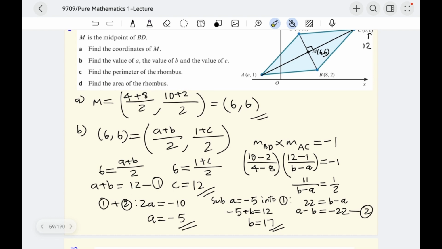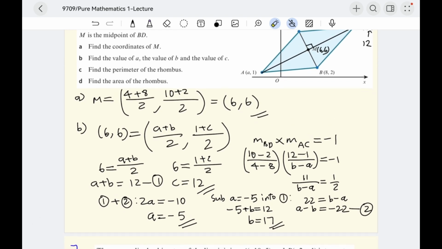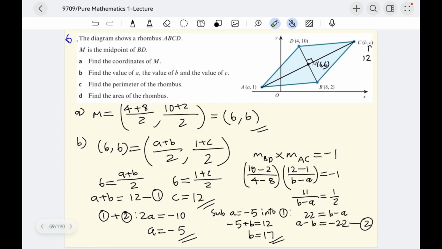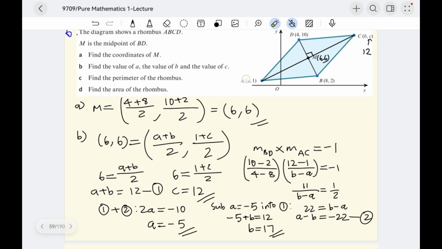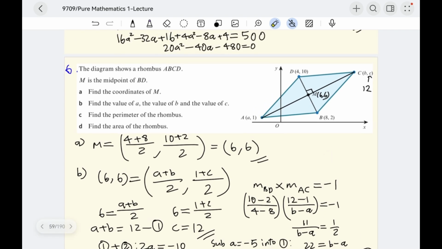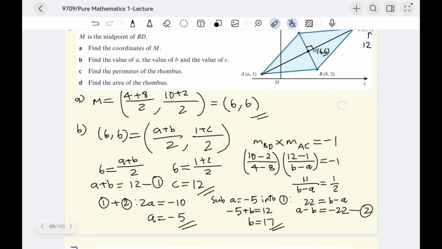Okay, so before you obtain this, there is a prompt before doing this part. Before finding the value of a, b, c, you need to predict the sign of a, b, and c. You see a is the x coordinate of A, so you need to predict that a should be negative. A is confirmed a negative value, whereas b and c are positive values.